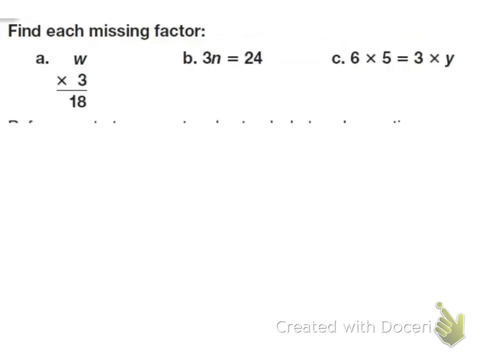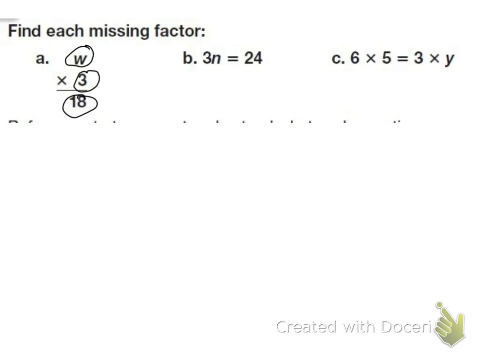All right, so the last part of this lesson is on finding the missing factor. So in the first problem, we have W times 3 equals 18. Before we start, we have to understand what each equation means. In A, we mean some number times 3 equals 18.